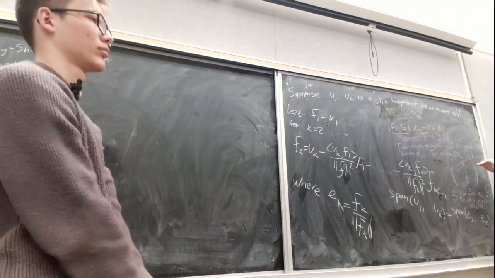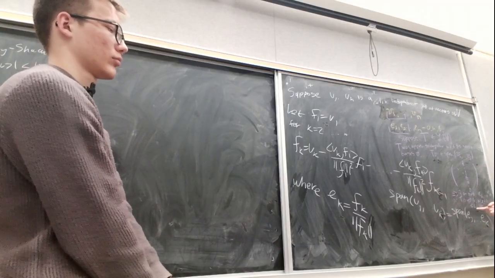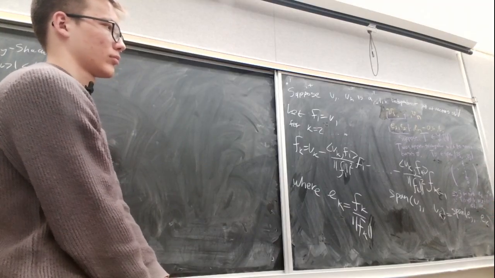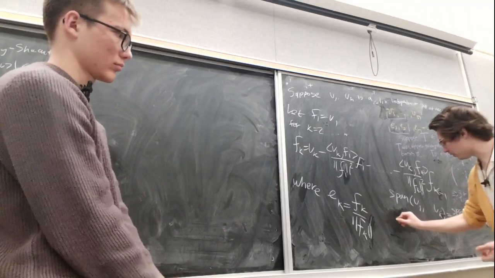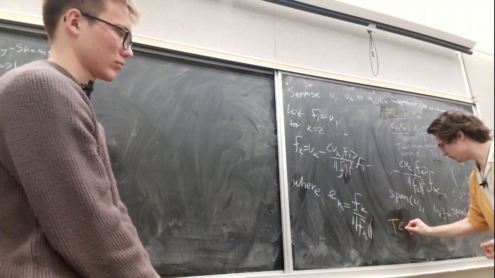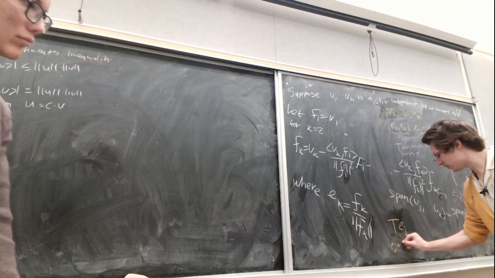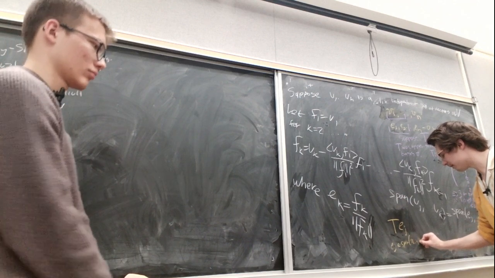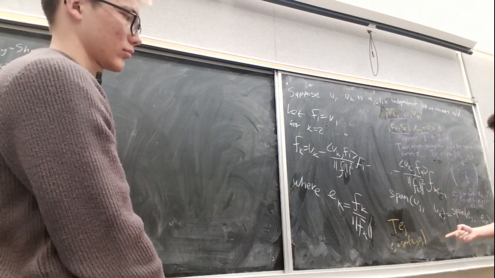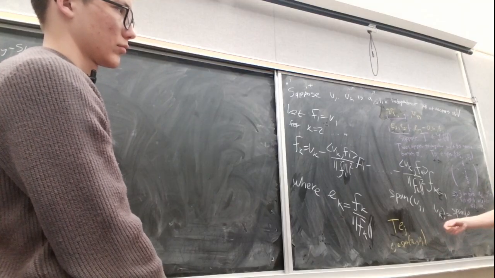V1 up to Vj, right? Then if I wrote T Ei, so I'll write the proof. So T Ej, right? Ej is in the span of V1 up to Vj. Do you agree? But TV1 up to TVj is in the span of V1 up to Vj.